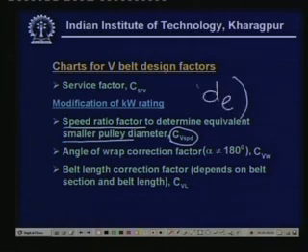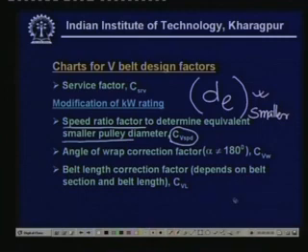This equivalent diameter is always for the smaller pulley, and whatever modifications we come across are based on this diameter of the smaller pulley. So the first step is to find the speed ratio, then find the speed ratio factor from the given chart, and determine the equivalent smaller pulley diameter.